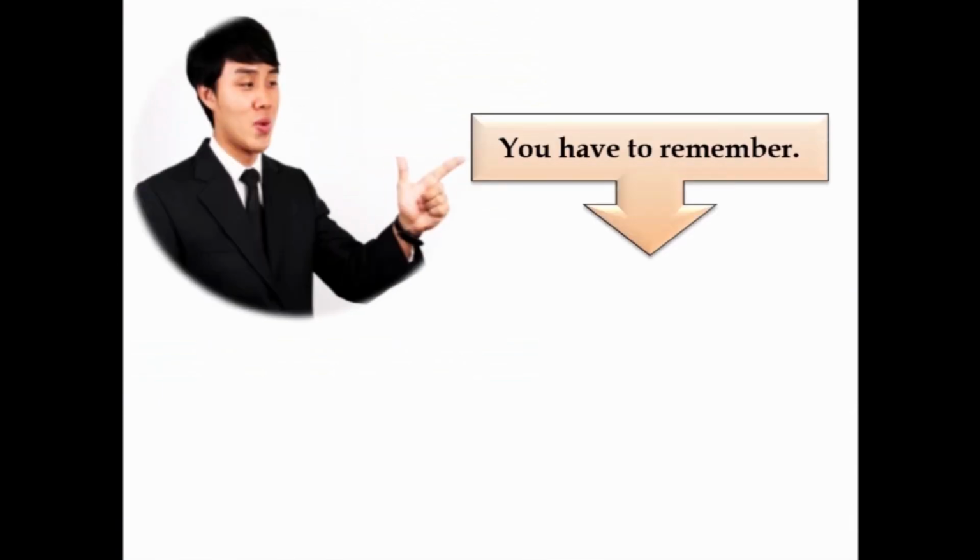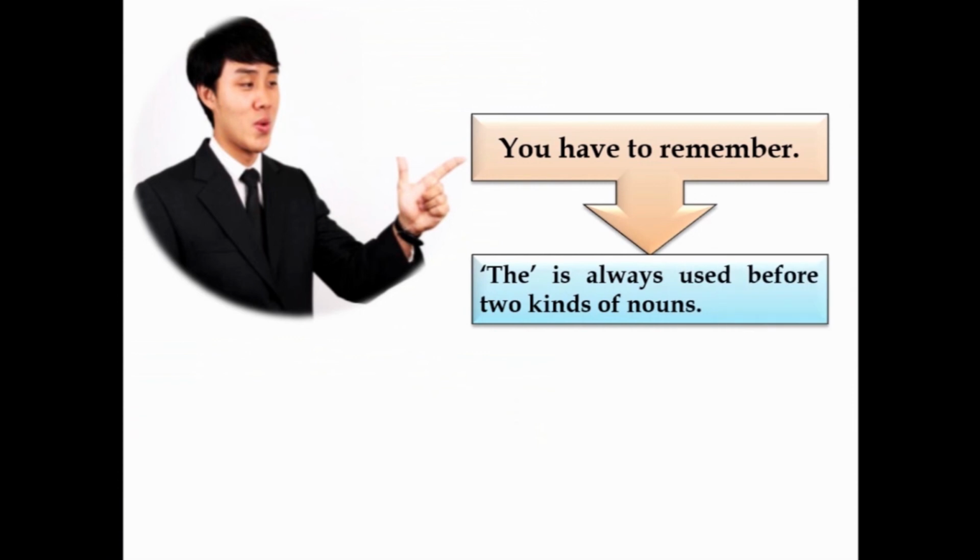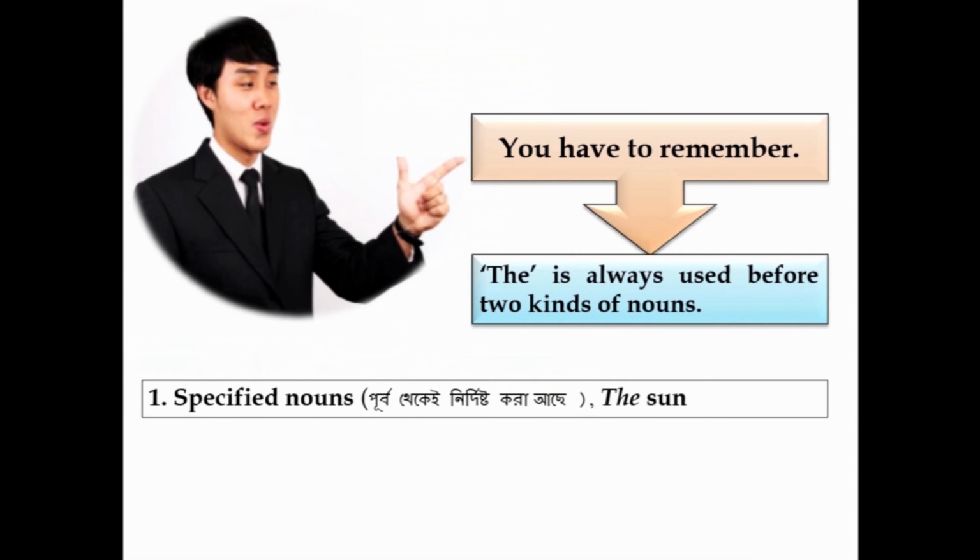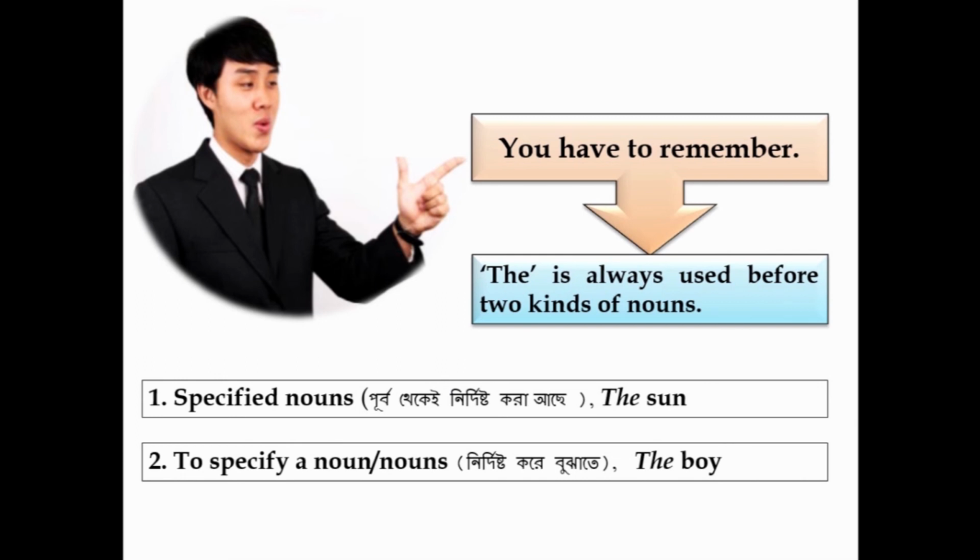But you have to remember, the is always used before two kinds of nouns. That means one, specified nouns, যেটা পূর্ব থেকে নির্দিষ্ট করা আছে, the sun, and to specify a noun or nouns, নির্দিষ্ট করে বুঝাতে, that means the boy.